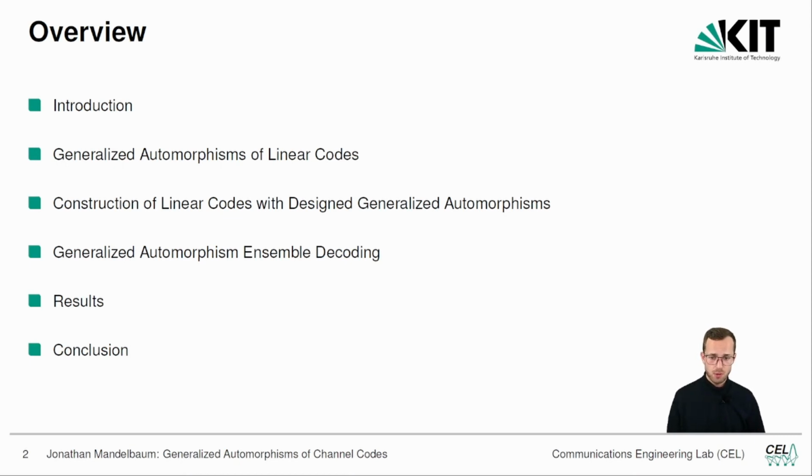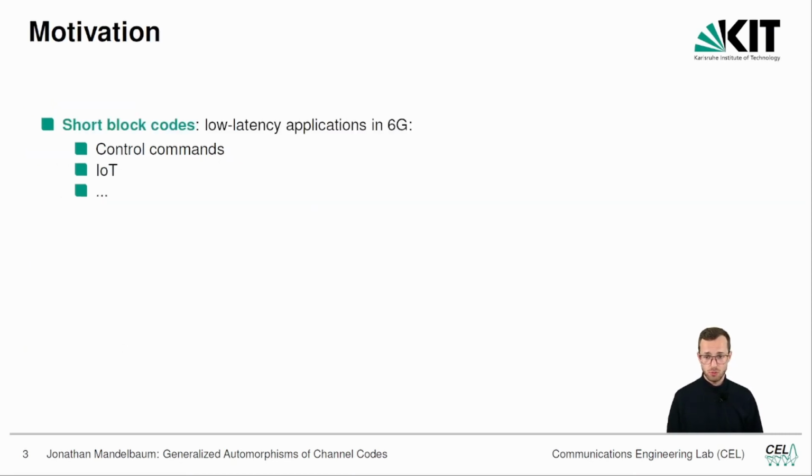At this point we will notice that we require a generalization of the automorphism ensemble decoder to be able to use generalized automorphisms at the receiver side to improve decoding. And then I will finish by providing some results and giving a conclusion.